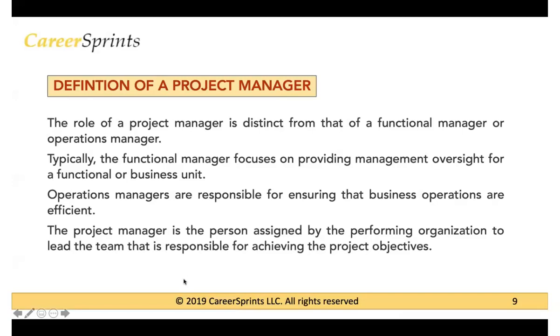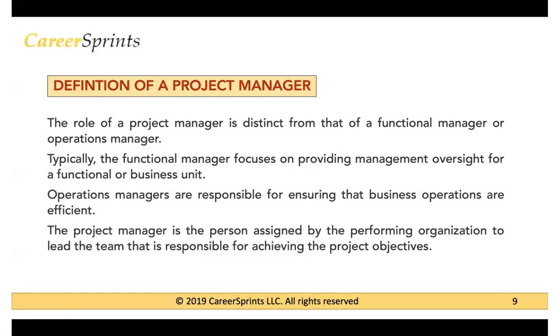So for example, if you worked as a project manager, or if you worked in a project under a project manager, you would notice that a project manager would generally be managing a team of specialists, right? So for example, if the project is to build a software application, you would need all sorts of people. You would need a product owner or a product manager. You would need testers.